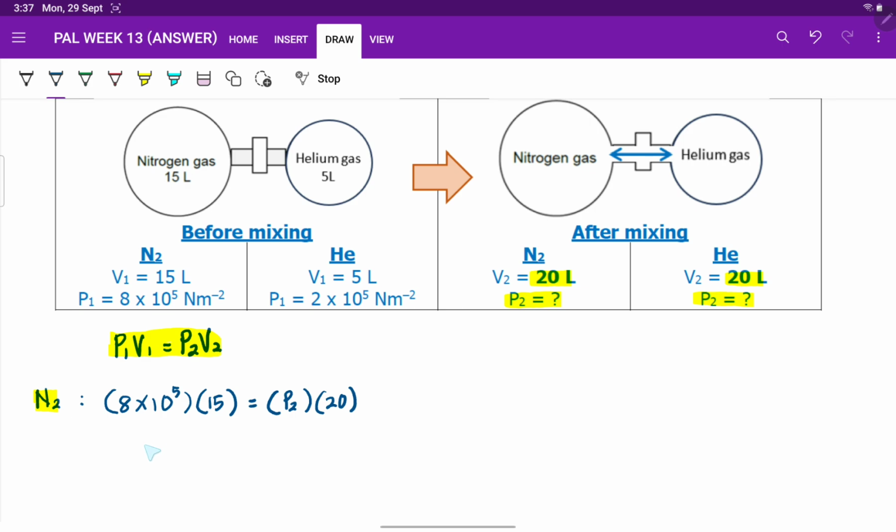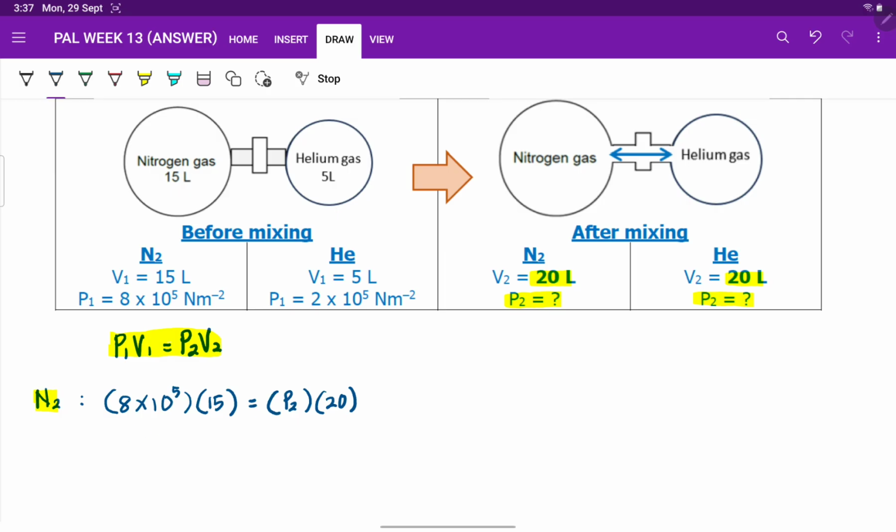Since this is not an ideal gas equation, what does that mean? Our pressure and our volume units are not fixed here. It can be any unit. Just make sure that P1 has the same unit as P2, and V1 the same unit as V2. That's it. So here I do not change my pressure.